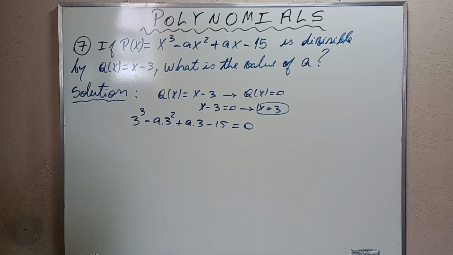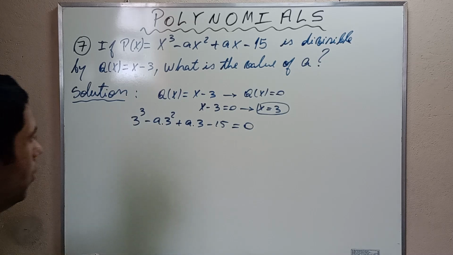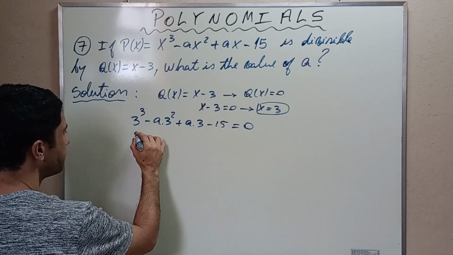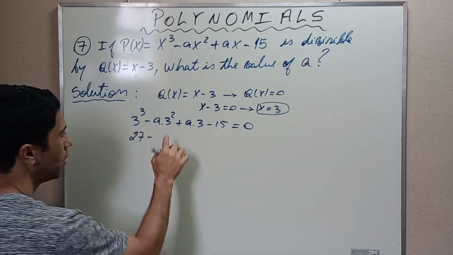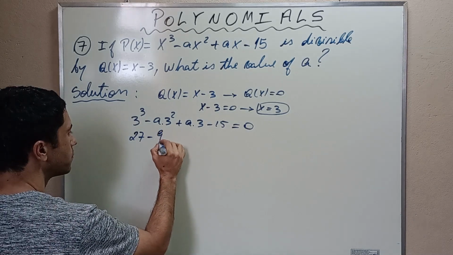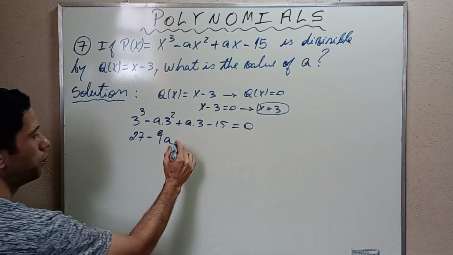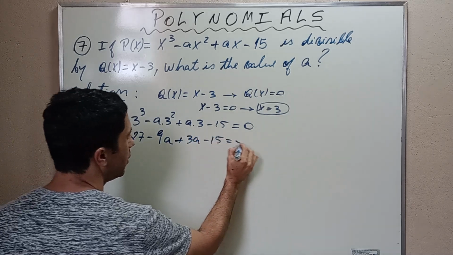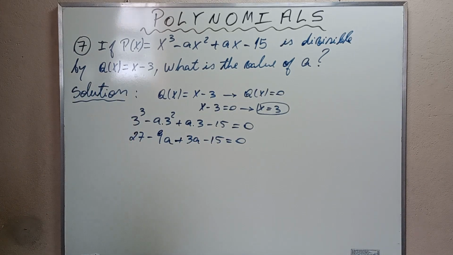Subsequently, we carry out this operation. 3 cubed is 27, 3 squared is 9, plus 3a minus 15 equal to 0.